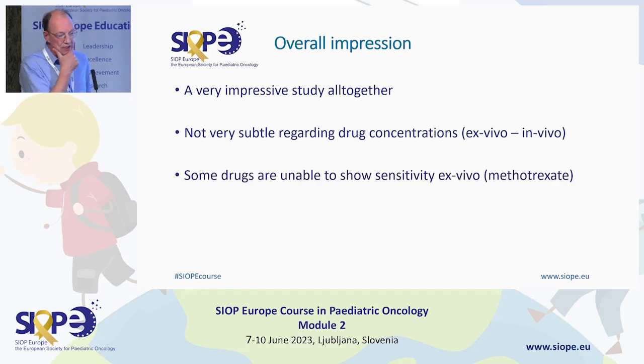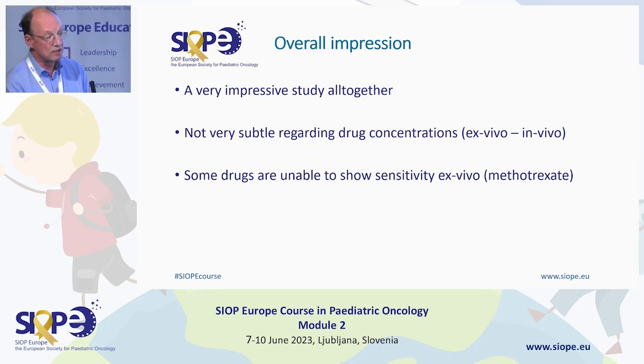Some drugs are unable to show sensitivity ex vivo. Methotrexate, for example, needs a whole set of enzymes to make it work, and it doesn't work ex vivo in a cell line. Organoids might be slightly better, but still it's very difficult for some drugs to represent reality.